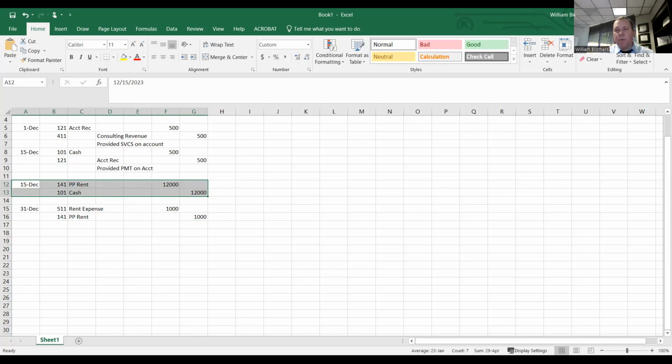What is the real picture? What is really going on? Doing it in this manner allows me to do just that. I'm factoring out the things that are non-events, basically, and I'm looking at the true result of operations. By recognizing expense on a month-to-month basis, I get a realistic picture of where I'm at each month, and that helps me to then make better decisions going forward.